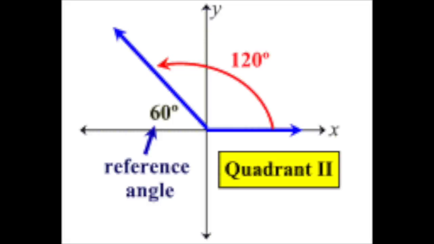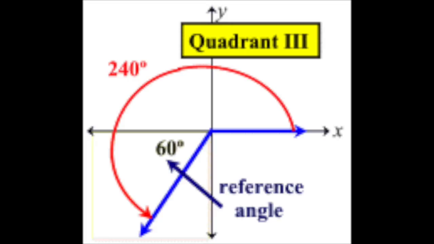When we move to the second quadrant, our degrees will measure more than 90 degrees. To calculate our reference angle in this case, we will subtract the degrees that our obtuse angle measures from 180 degrees, and that would be our reference angle. For the third quadrant, the process becomes the inverse, because now our angle will be more than 180 degrees.